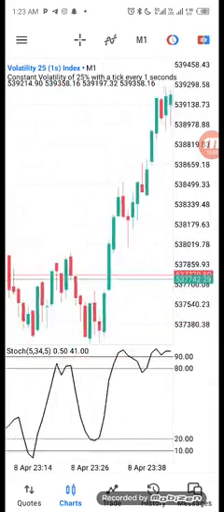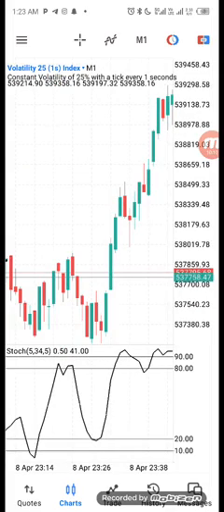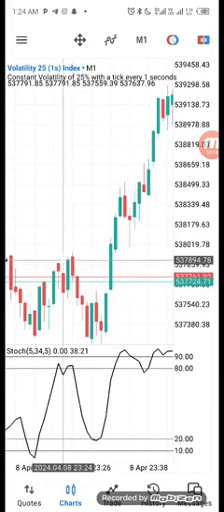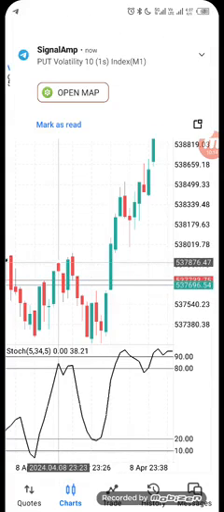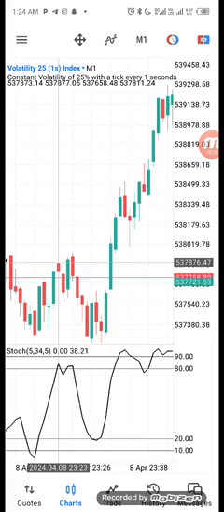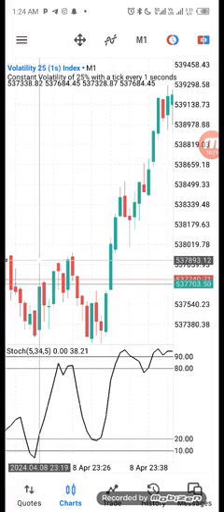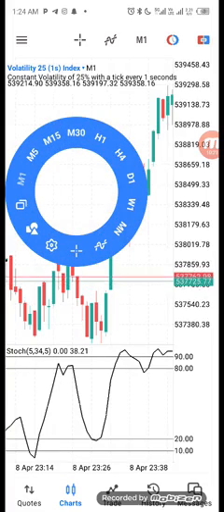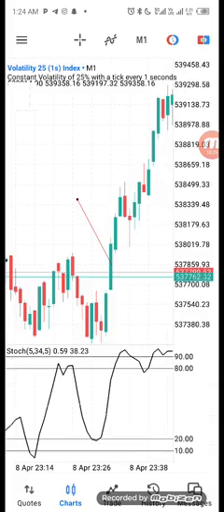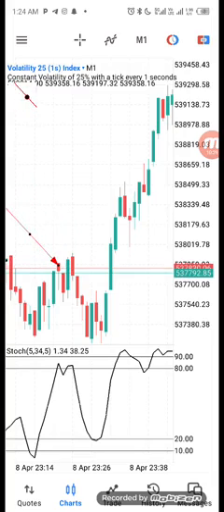So let's check for another valid signal. This is our hanging man. Can you see the hanging man?